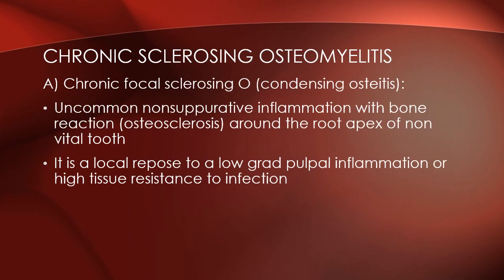The second subject is chronic sclerosing osteomyelitis. As we remember, there's focal and diffuse. Here I'm going to talk to you about focal sclerosing osteomyelitis or condensing osteitis. It is an uncommon non-suppurative inflammation with bone reaction around the root apex of a non-vital tooth. It is a local response to a low-grade pulpal inflammation or high tissue resistance to infection.